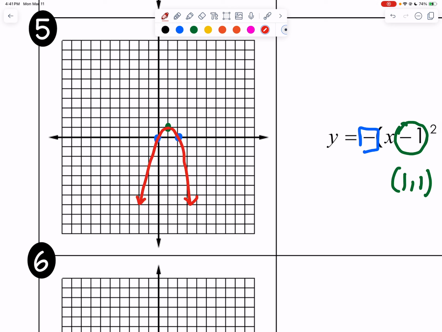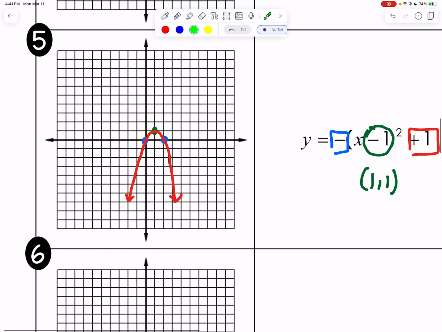It opens down and I have x-intercepts at 0, 0 and 2, 0. Remember that it opens down because my parabola is sad right here. It has a negative leading coefficient. Boo, it's sad. There we go. It's sad.